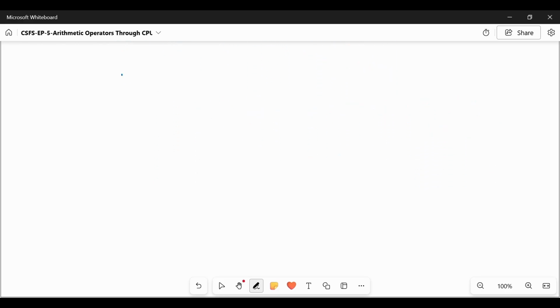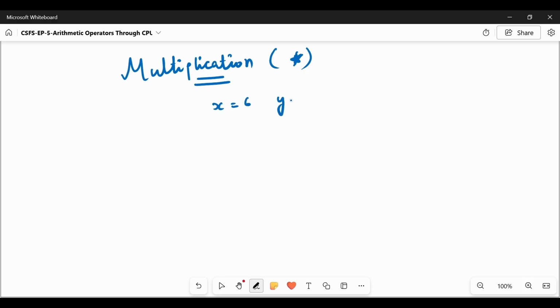Besides addition and subtraction, we have multiplication. Multiplication inside the computer is represented by this operator. Int x is 6, y is 7. We can simply do x into 7, this is to represent multiply, that is 6 into 7, whatever the value.